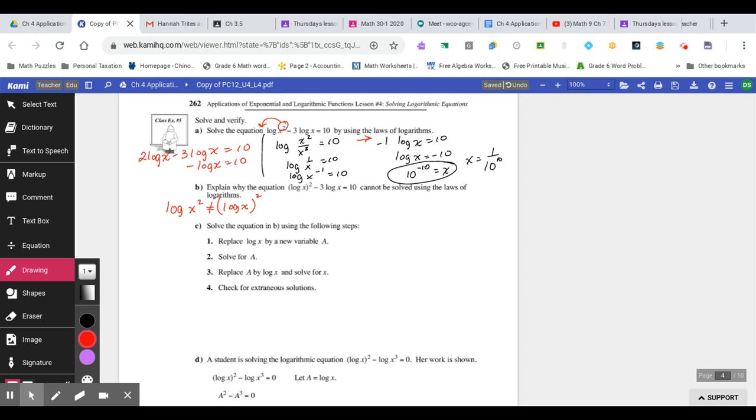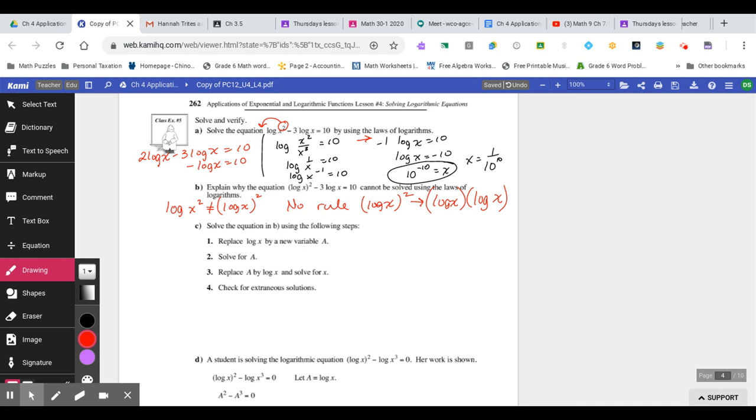There's no rule for it on the right-hand side. That actually means log x times log x. We don't have a rule for multiplication of logarithms. We only have a rule for addition of logarithms. So that's why.